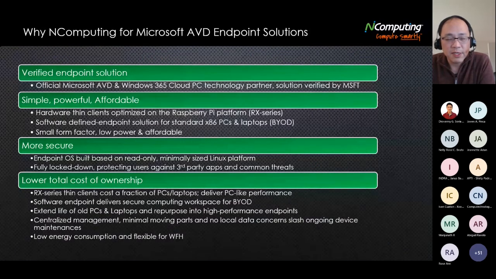So now let's look at AVD, Azure Virtual Desktop. There are HP, Dell vendors. They provide AVD solutions. So why NComputing? I think if we look back in our history, our vSpace solution, which is our homegrown solution for the education market, where we have big market share, is basically built on top of RDP.